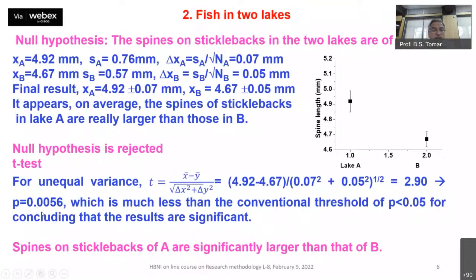So this concludes that the results are significant. It means there is a significant difference between the mean spine lengths of the two lakes. Hence, the spines on the sticklebacks of lake A are significantly larger than those of lake B. So this is how you can quantitatively confirm the outcome of a study.